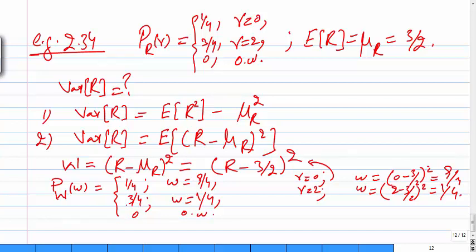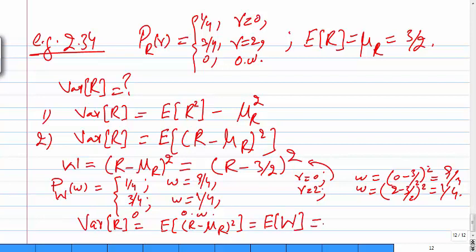So after calculating the PMF, variance from formula number 2 is equal to expected value of R minus mu R whole square, which is equal to expected value of W. So we know the expected value of W: it is 1 by 4 times 9 by 4 plus 3 by 4 times 1 by 4.